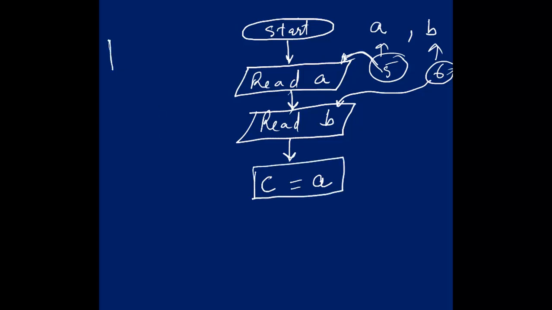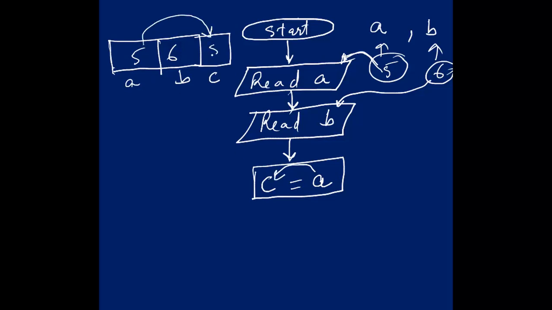Now first I was having this A and B. A was containing 5 and B was containing 6. Now I have made a third variable, that is C, and I have stored this A in C. So the value of A is 5. It will get stored in C.